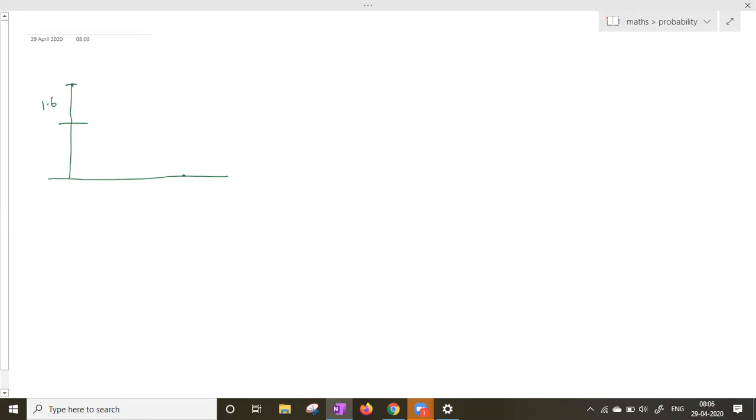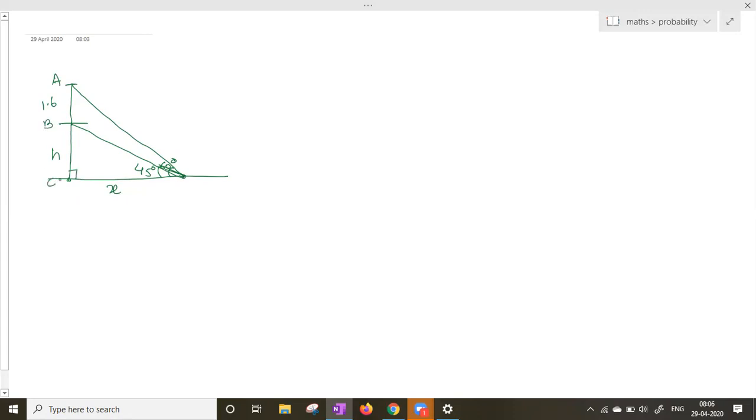The angle of elevation of the top of the statue is 60 degree, and the top of the pedestal, that means this position, is 45 degree from the same point. You have to calculate the height of the pedestal. So consider the height of the pedestal as h, and the distance between the point of observation and the pedestal as x. This is 90 degree.